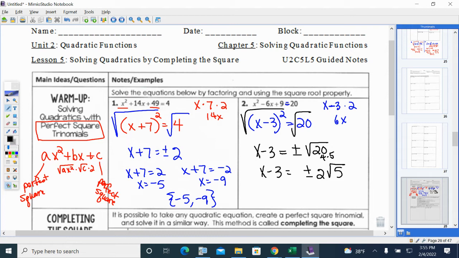All I'm going to do at this point is add the 3 to both sides. Now, when we write our answer here, the 3 is going to go in front of the positive and the negative. And that's your answer for number 2: 3 plus or minus 2 radical 5.